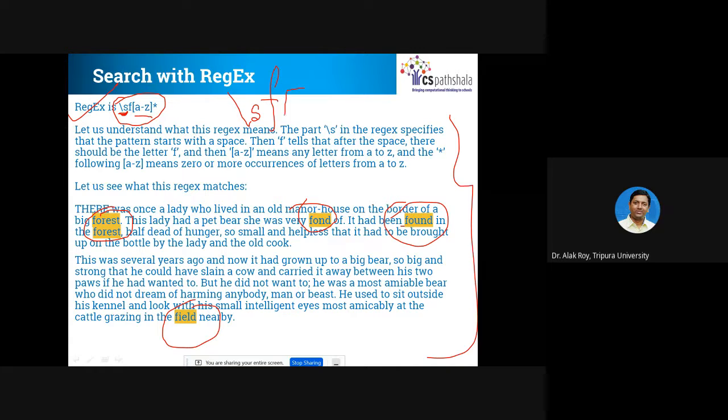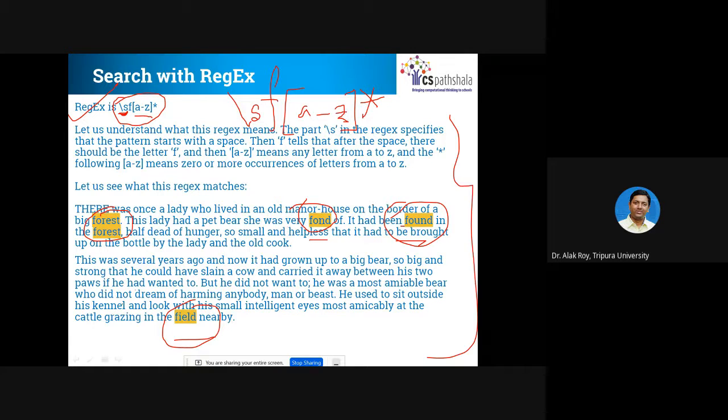So this will search small letters, and the star is there because the word may have 4 letters, or 5 letters, or 6 letters. If you put a star, it will continue and find words of 4 letters, 5 letters, or more than that.